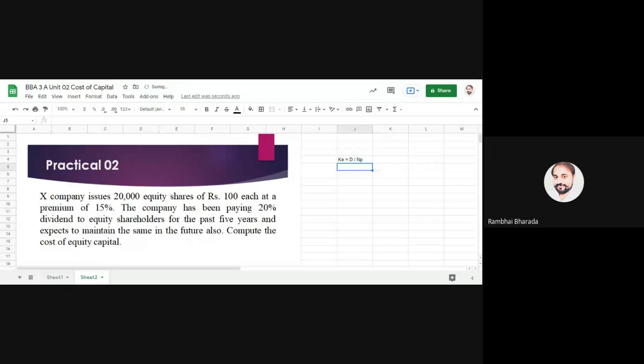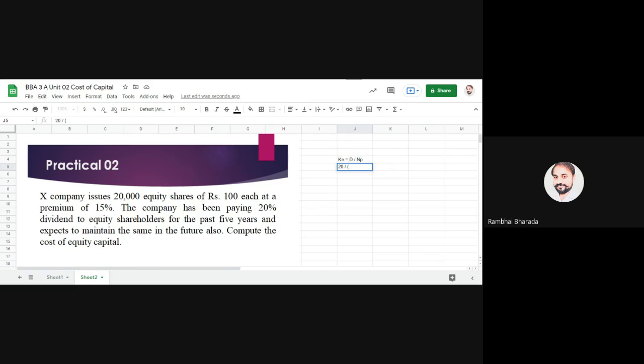Now D, find out the percentage or rupees. How many percentage is given to you about the dividend? 20% dividend. Okay, here 20% of face value. Face value is 100. So see the second line, the company has been paying 20% dividend. So here dividend is 20 divided by NP.